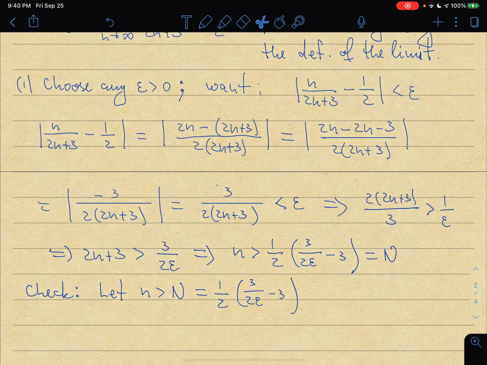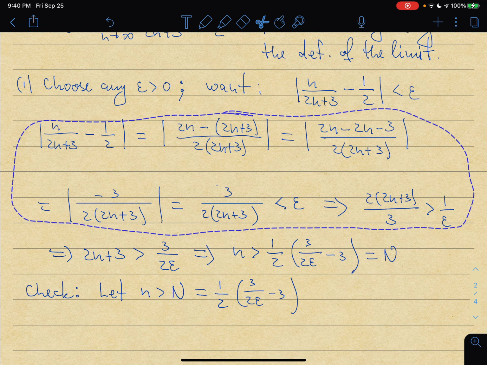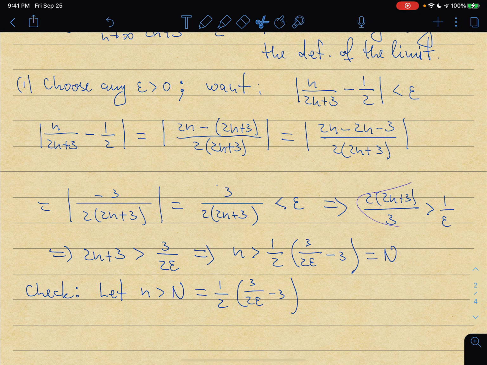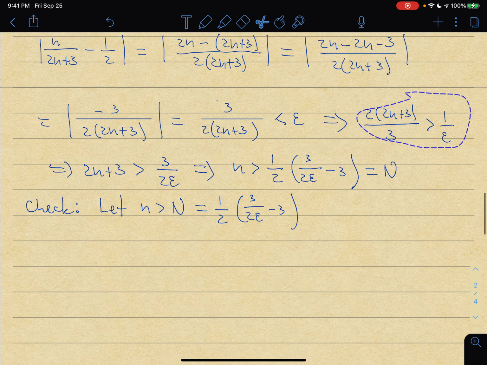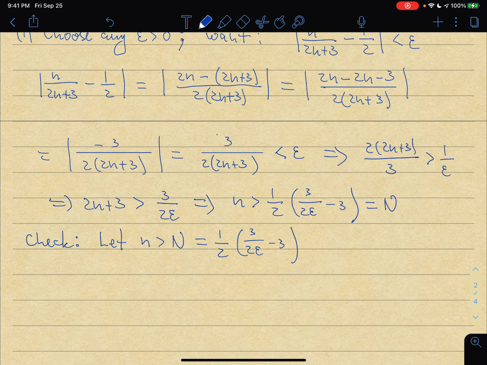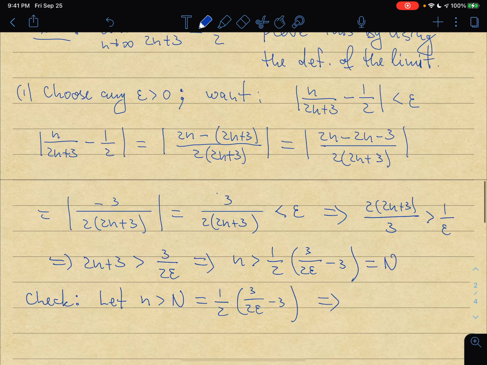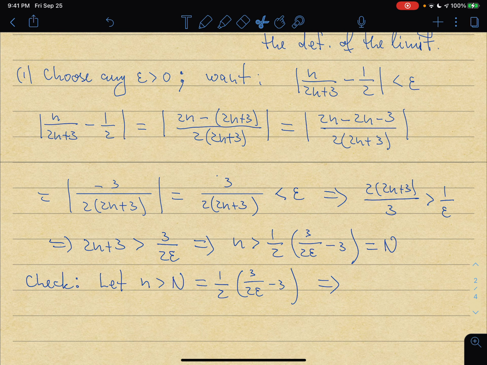You just follow the same chain of inequalities backwards, and you arrive at this. Because my computations here basically are saying that if this expression in terms of n is less than epsilon, it's analogous to saying that n and epsilon are related through this inequality. And so therefore, if n is bigger than capital N, it follows that my original statement must be true.